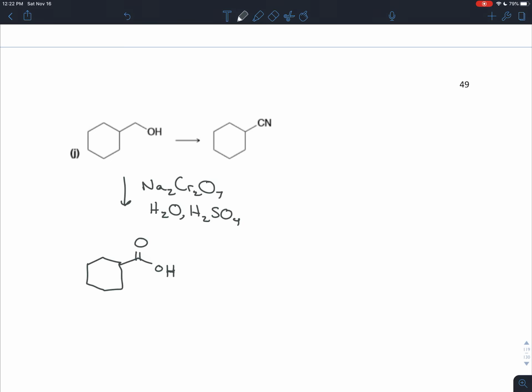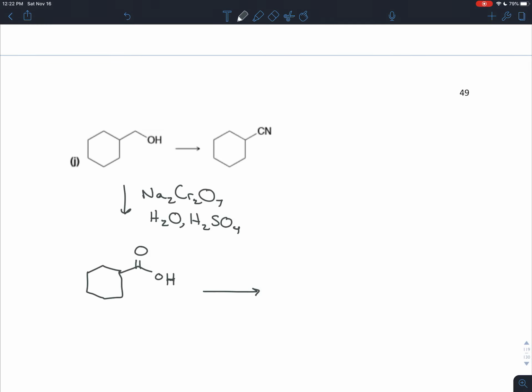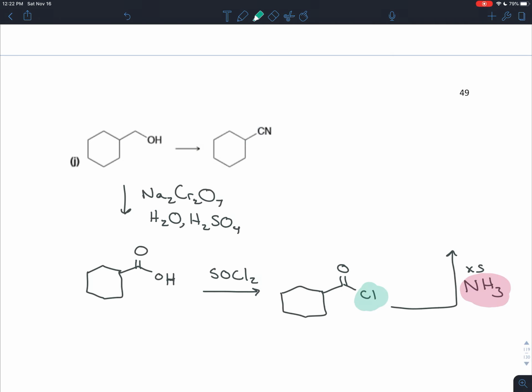So we have to change this into a less acidic but more reactive carboxylic acid derivative. And that would be using thionyl chloride to make the most reactive carboxylic acid derivative, an acid chloride. Once we have that, we can treat it with excess ammonia, and this nucleophile will replace the leaving group.